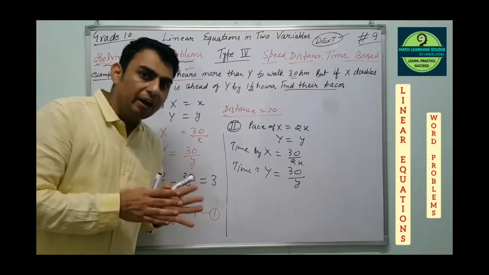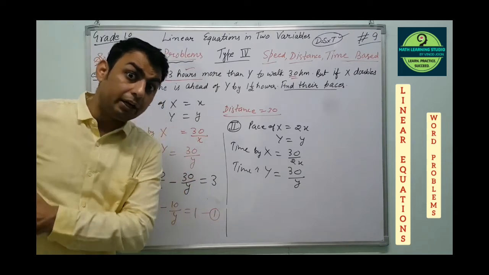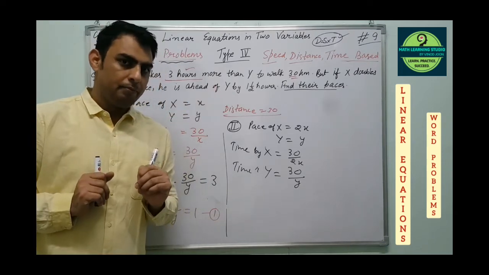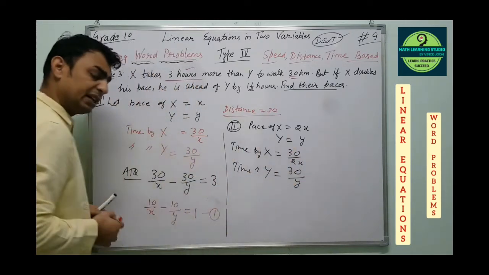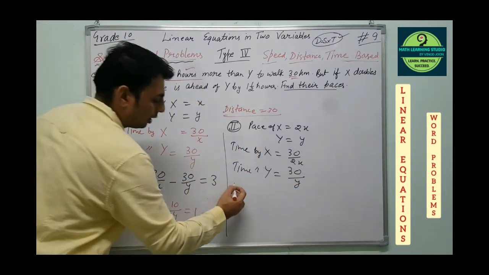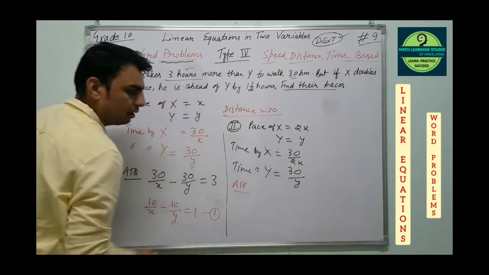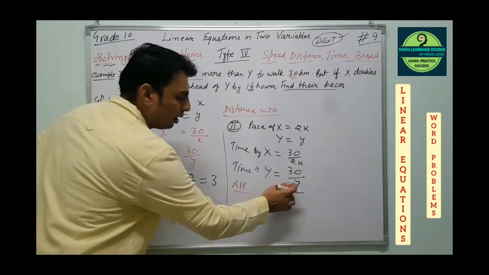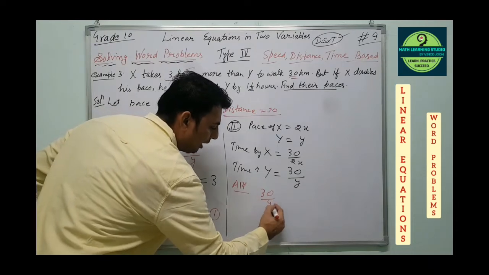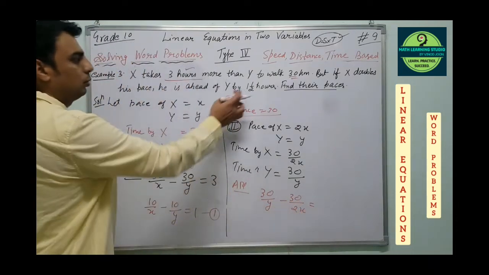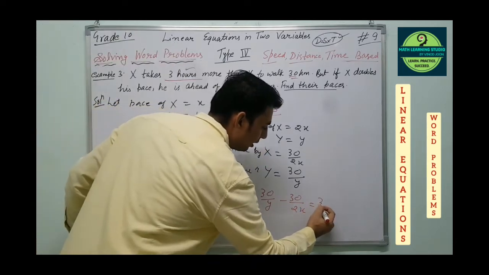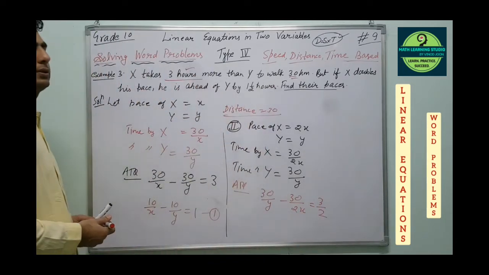So now y is lagging behind. Y will take more time. Right? So this time is more now and this time is less. So according to the question, in this condition, we can write 30 by y minus 30 by 2x equals what? 1.5 hours. So I can write it as 3 by 2 hours.